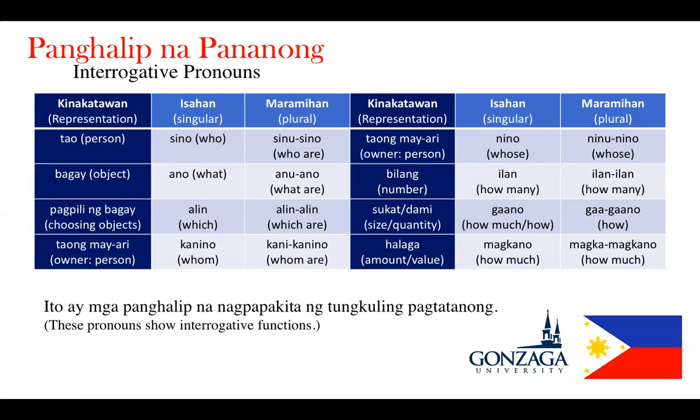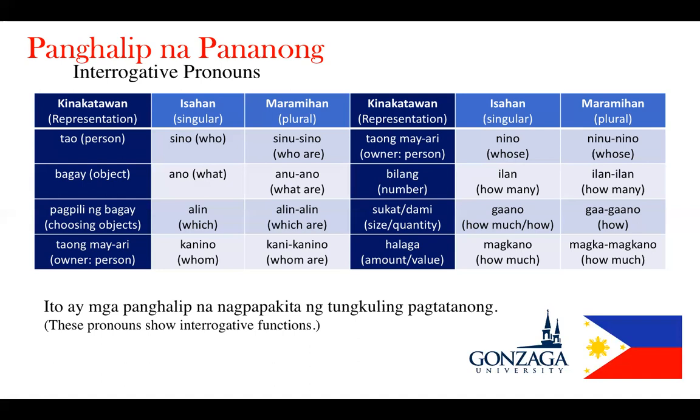Next one is bilang. If you're asking about how many, I talked about this last time, it's ilan. Braxton, ilan ang laptop mo? Isa ang laptop ko.